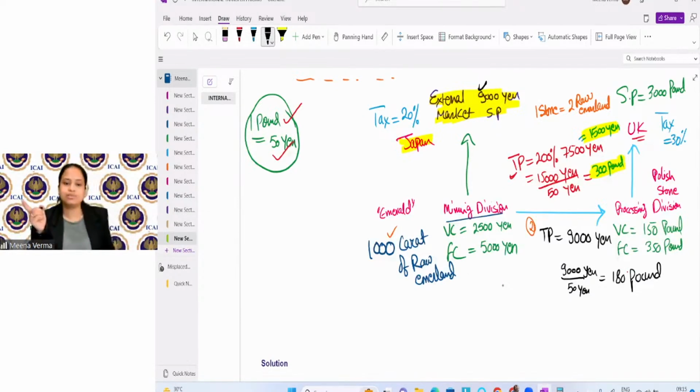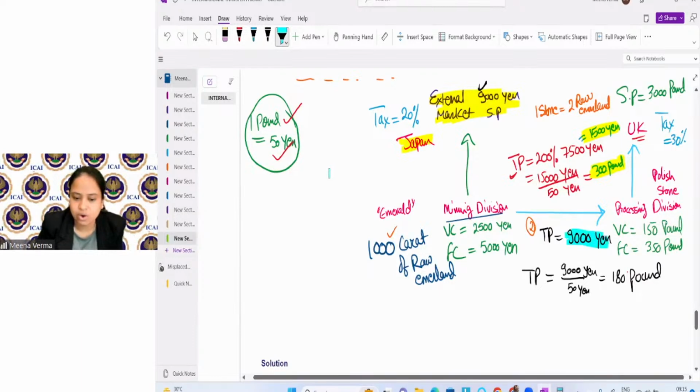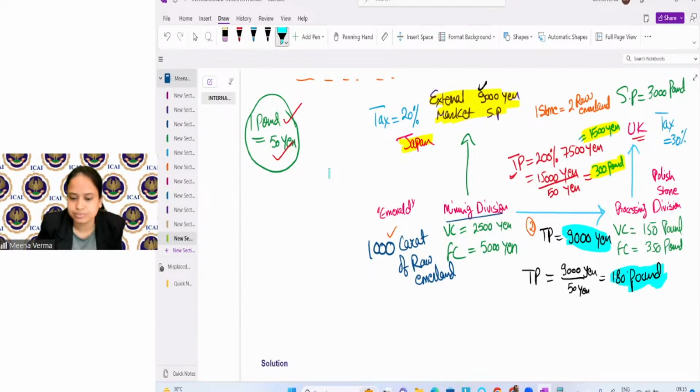So on the basis of the market price method, the transfer price will be either 9,000 yen or £180. The transfer price using the second method will be either 9,000 yen or £180. This will be the answer.